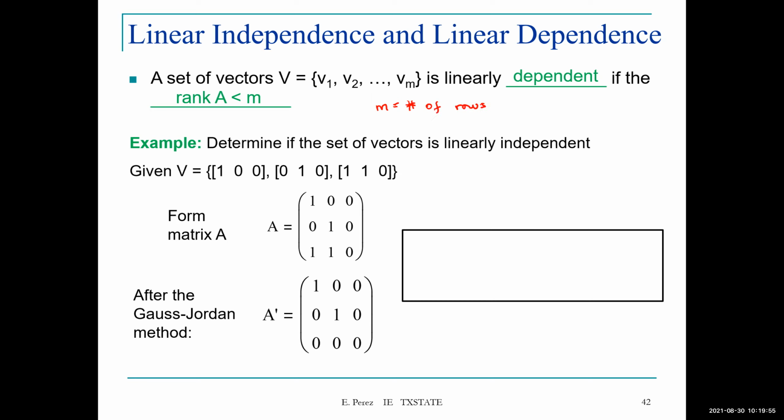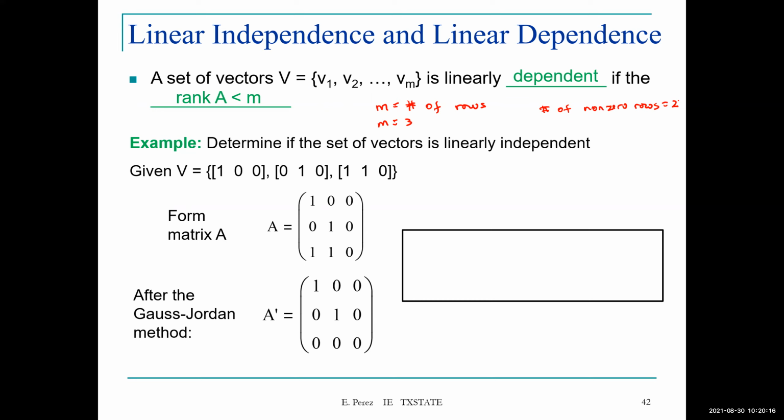So we have m equals 3 in this case. We found the number of non-zero rows after applying the Gauss-Jordan method equal 2. So we are going to make that conclusion now.